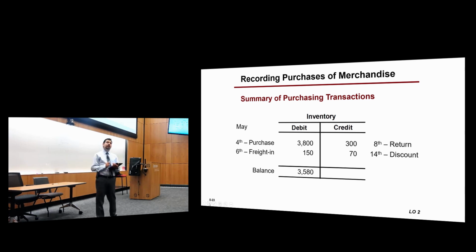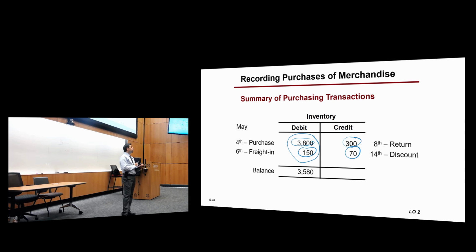So this shows the different entries to the account inventory. First one is the purchase. And then after that, we had to pay for the delivery, shipping. The original cost of the inventory was 3,950. And then we returned 300 and we got the discount of 70.